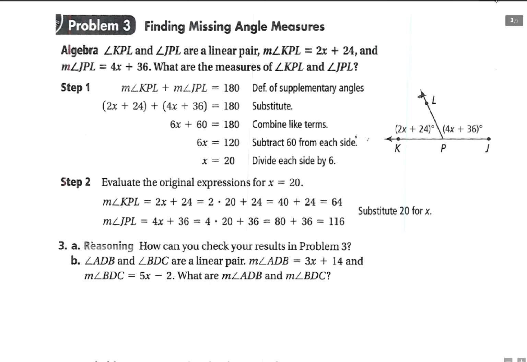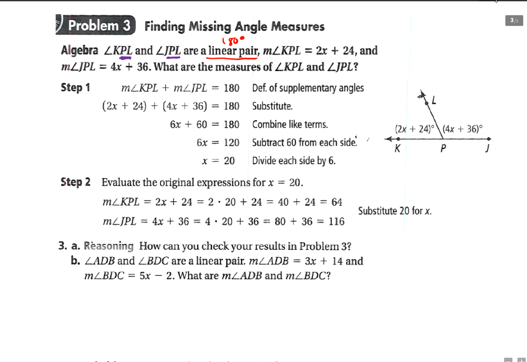Angle KPL and angle JPL. Oh, look what we see here. I see a common vertex and a common side. You see that when you read that? They are a linear pair. All right, so I know 180 degrees.